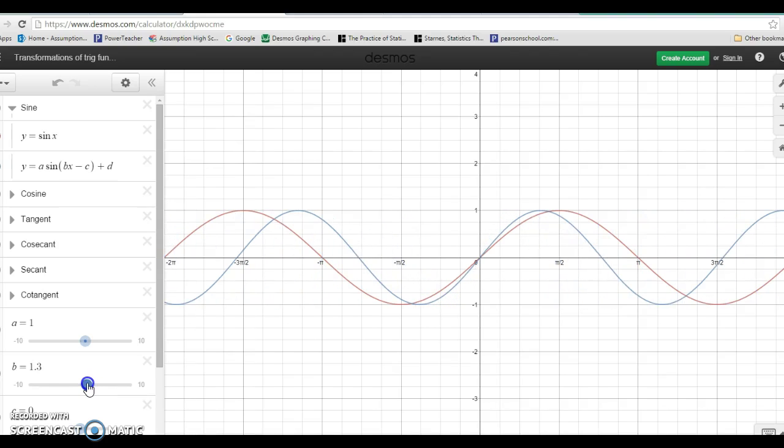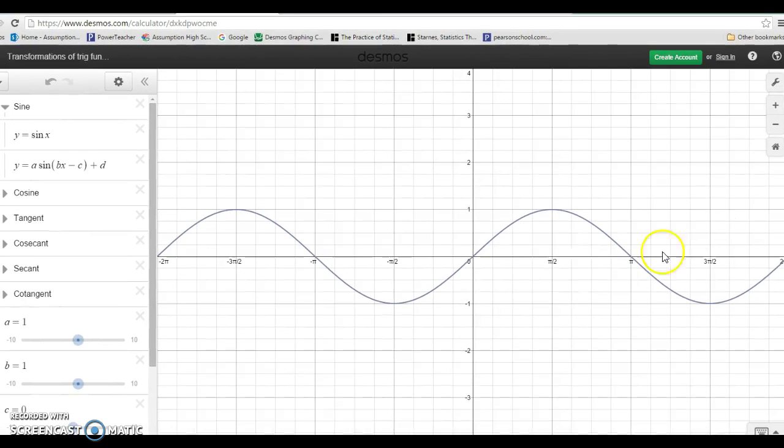So normally, if b is 1, you'd have one full wave going between 0 and 2 pi. If I increase b to 2, now I have 2 full waves occurring every 2 pi, or in other words, one full wave every 1 pi.